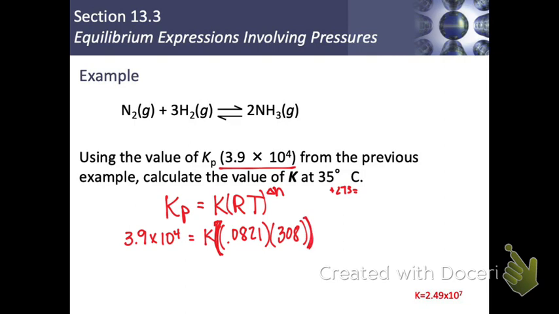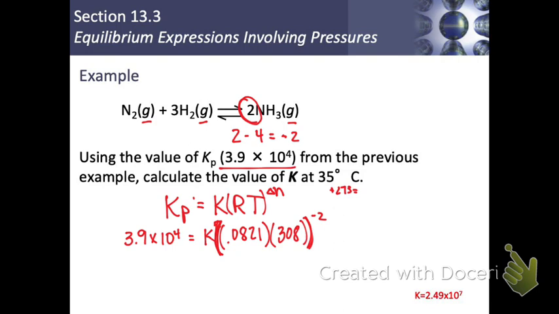And then my power on that is going to be product coefficients, right? They're all gases. So product coefficients minus reactant coefficients. So it's going to be to the negative 2 power. Okay? So all of that's going to be to the negative 2 power. 0.0821 times 308, and I'm going to put that to the negative 2 power.